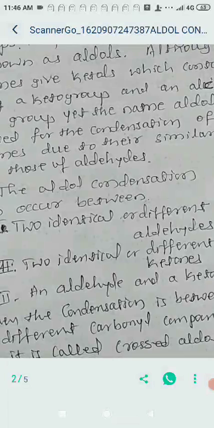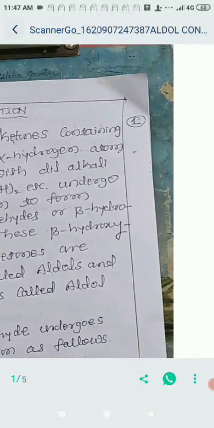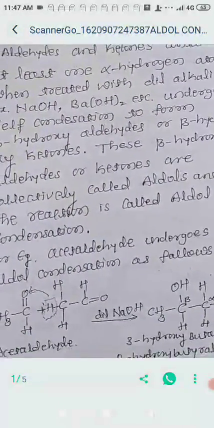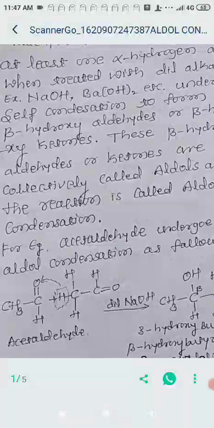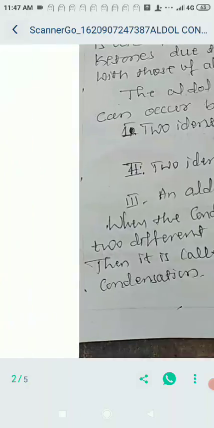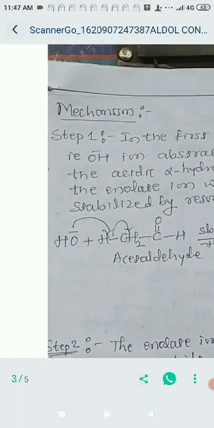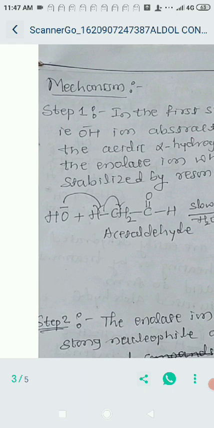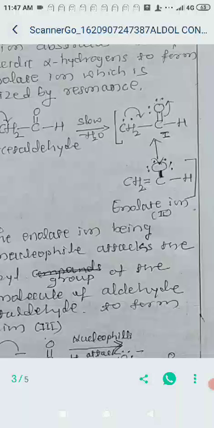Okay, now once again I repeat the same thing. When two molecules of acetaldehyde containing alpha hydrogen undergo self condensation in presence of dilute NaOH, they form 3-hydroxybutanal. And next, the mechanism: in step 1, the nucleophile or OH minus ion abstracts the hydrogen from the alpha carbon of acetaldehyde to form the enolate ion.